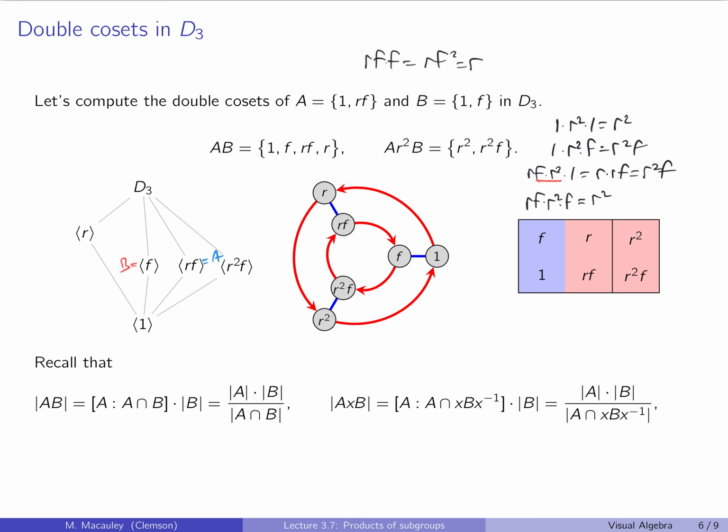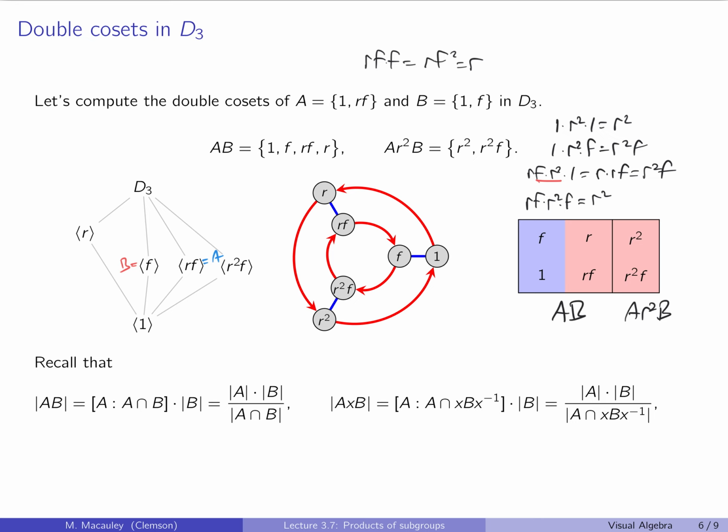And here's the partition into double cosets. This is AB right here, and this is A R squared B right there. Notice that there are two cosets of B in this double coset, and there's one coset of B right here.